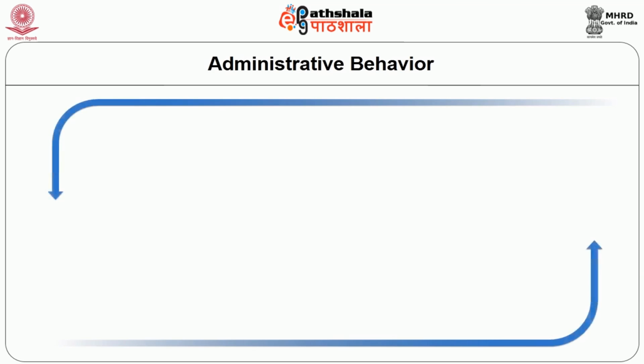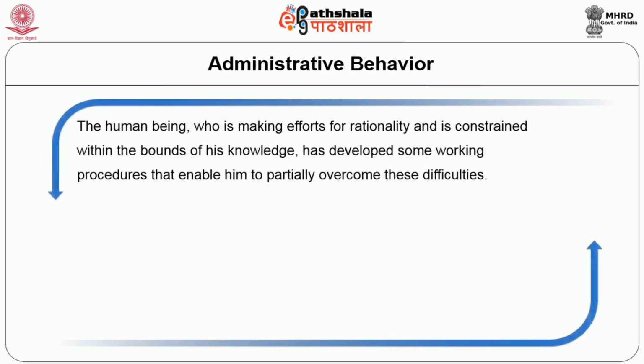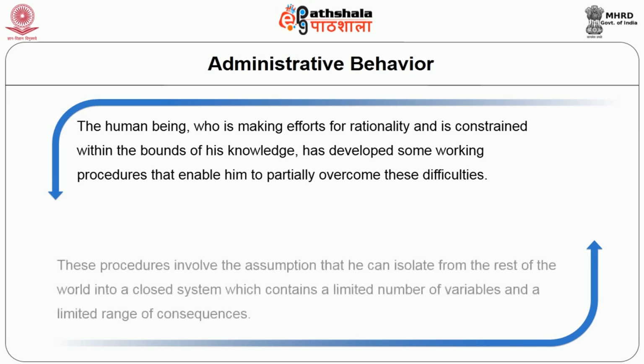The human being who is making efforts for rationality and is constrained within the bounds of his knowledge develops some working procedures that enable him to partially overcome these difficulties. These procedures involve the assumption that he can isolate himself from the rest of the world into a closed system which contains a limited number of variables and a limited range of consequences or options.